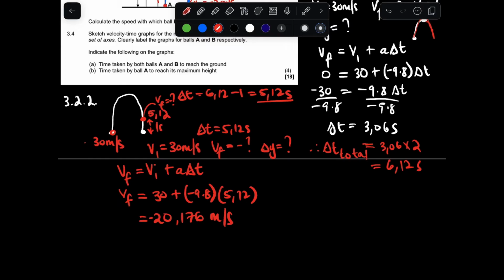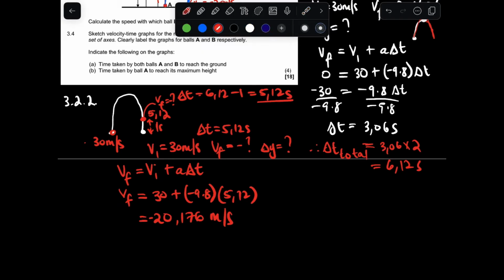So now we want the distance that it traveled. This question, guys, is looking for the distance it traveled in the last second. So now this velocity that we calculated, the final velocity here, we're going to take it as our initial velocity.